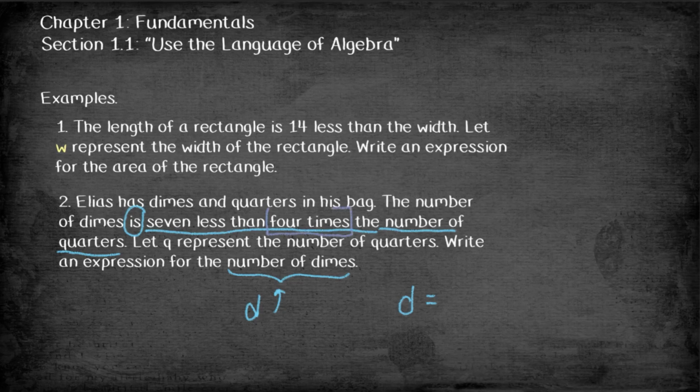So again, we're mixing operations. But basically, we have 4 times the number of quarters, and we're making that 7 less. So that would be 4q minus 7. And yeah, that's what we're being asked to find. And that's it for section 1.1.